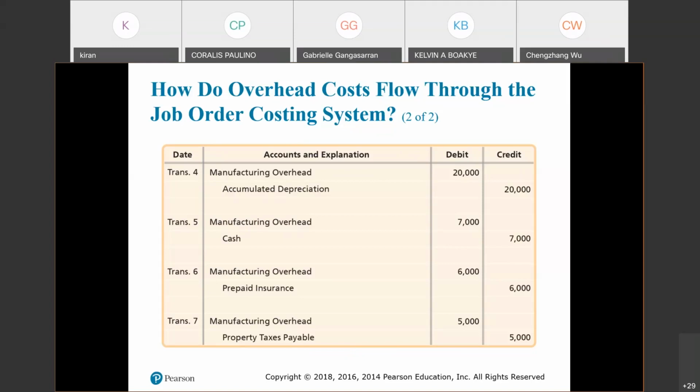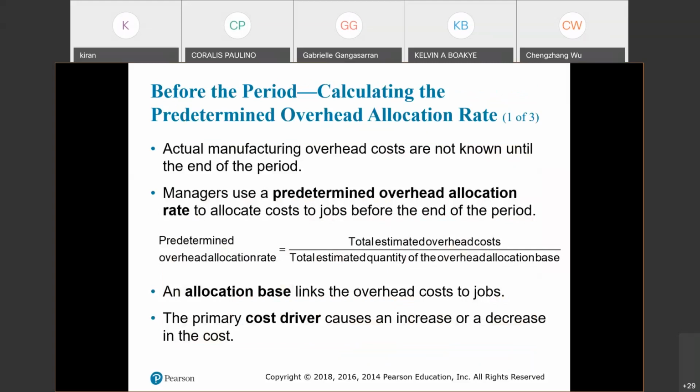The accounting for the allocation of overhead cost is a 3-step process and occurs at 3 different points in the accounting cycle. First, calculating the predetermined overhead allocation rate before the period. Second, allocating overhead during the period.